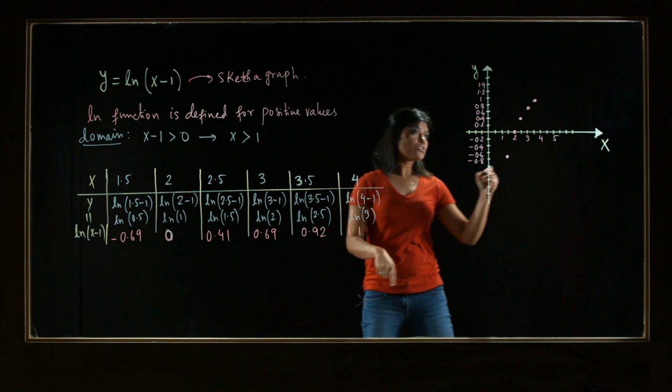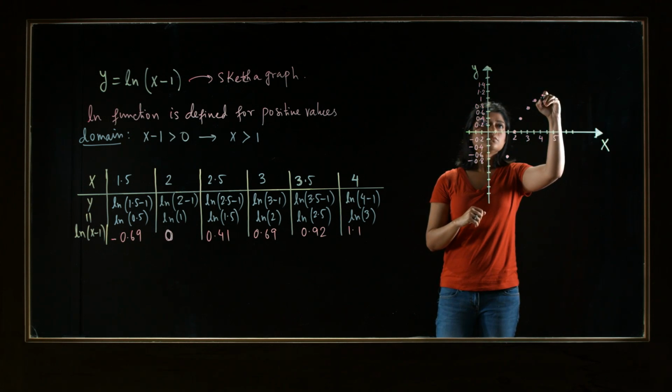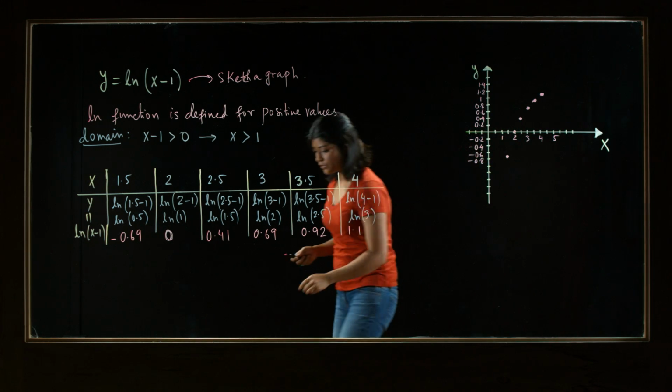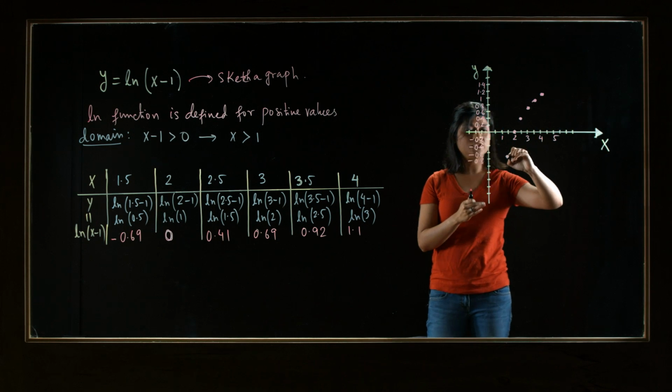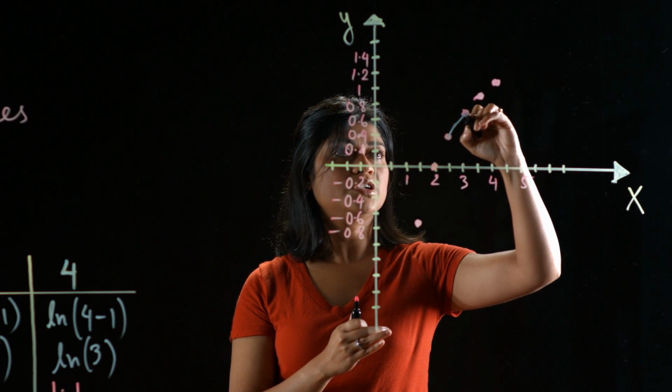And 4 is 1.1, so about here. So roughly, if you join these points, you will get a rough sketch of the graph.